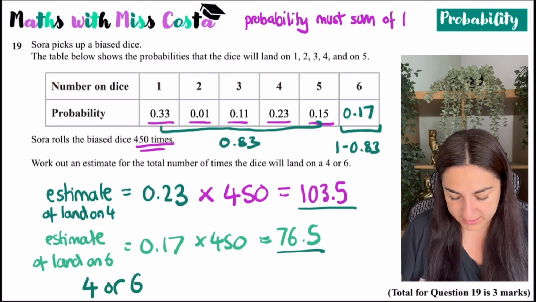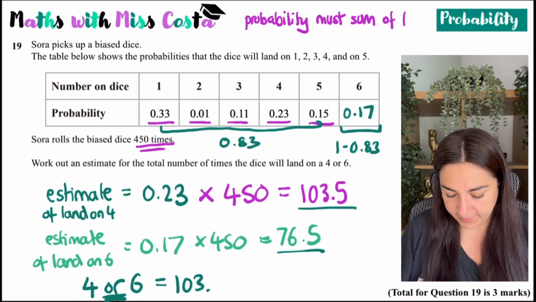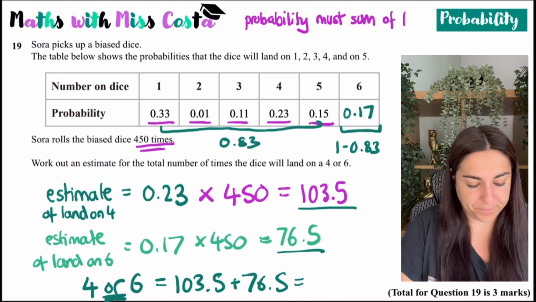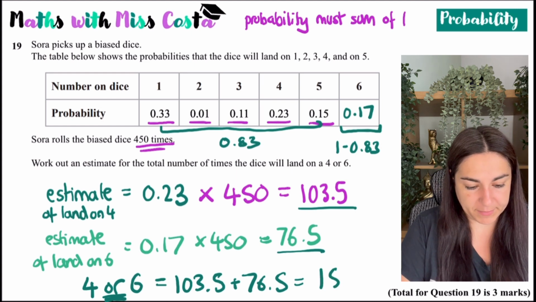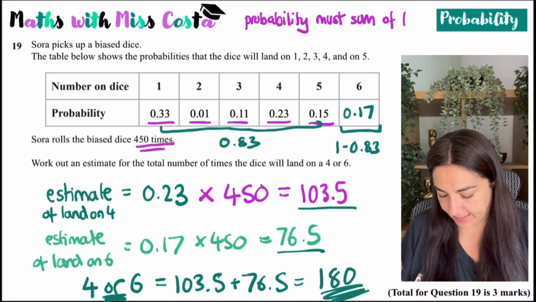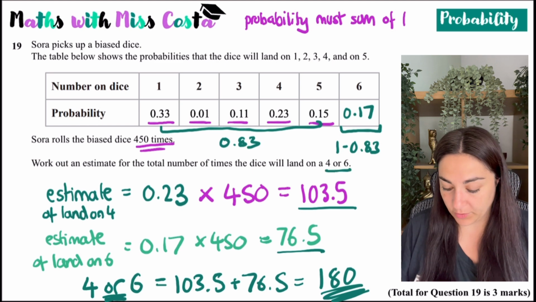So for it landing on 4 or 6, I would add 103.5 plus 76.5, which gives me 180.